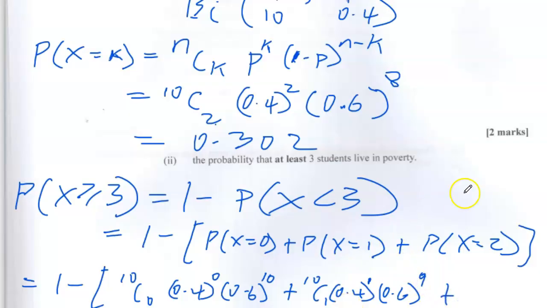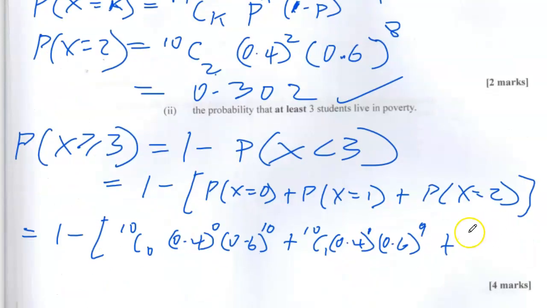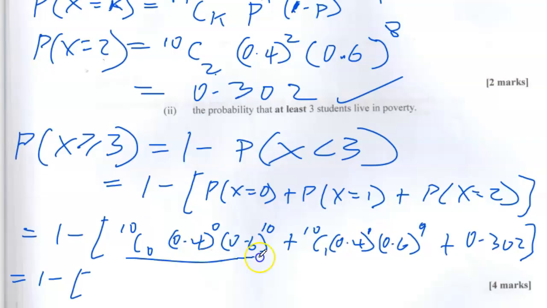plus the probability x equal to 2, which we found already, which is 0.02, right? So this was 0.02. Alright, so this is equal to 1 minus, so let's work out this one.